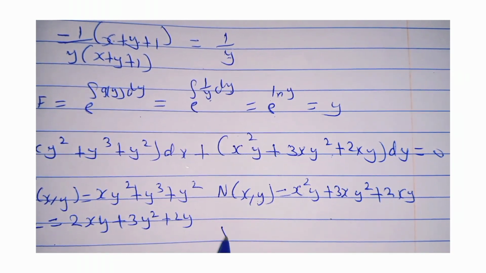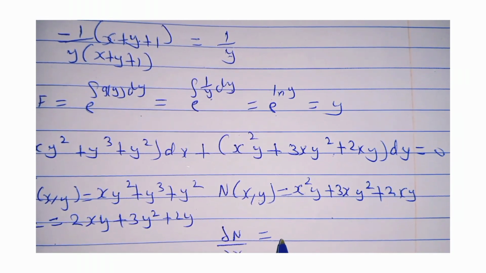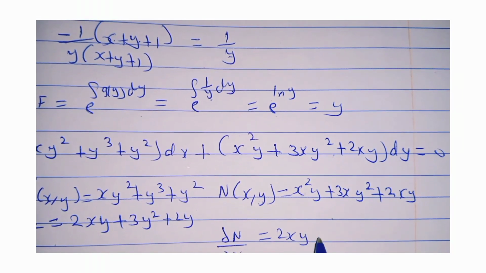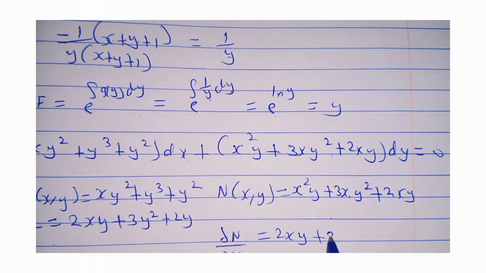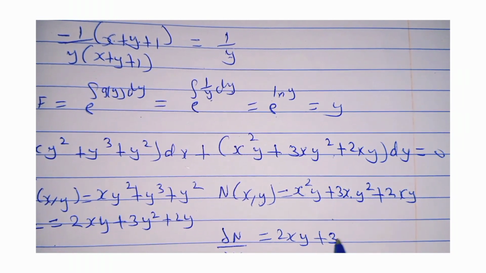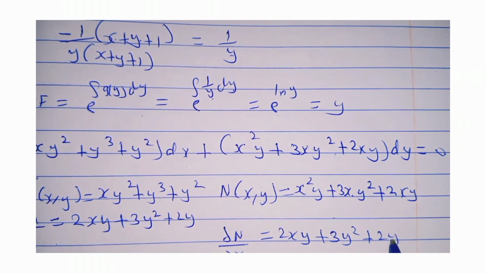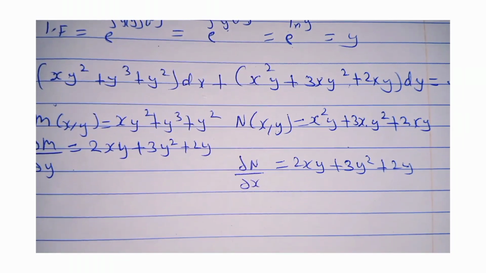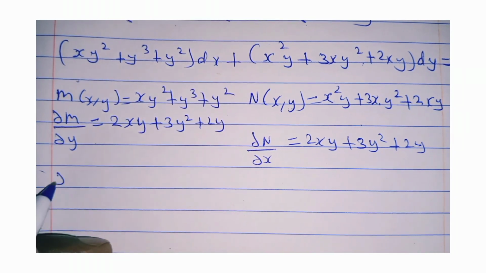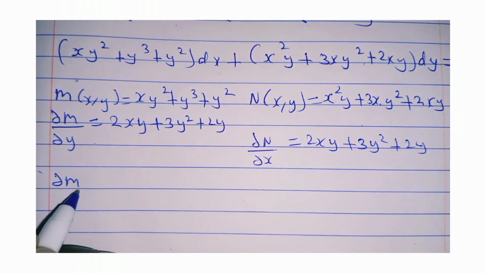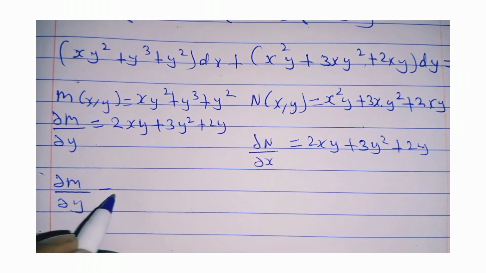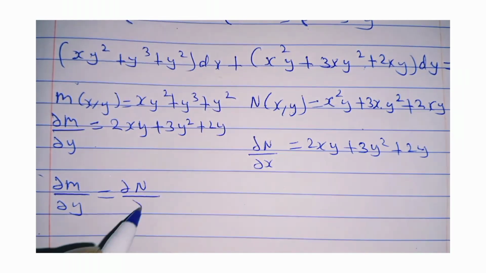Then we get the partial of N with respect to x, which will give us 2xy plus, differentiating this, 3y squared plus 2y. Once you get that, you compare your partial of M with respect to y to see whether it is equal to the partial of N with respect to x.